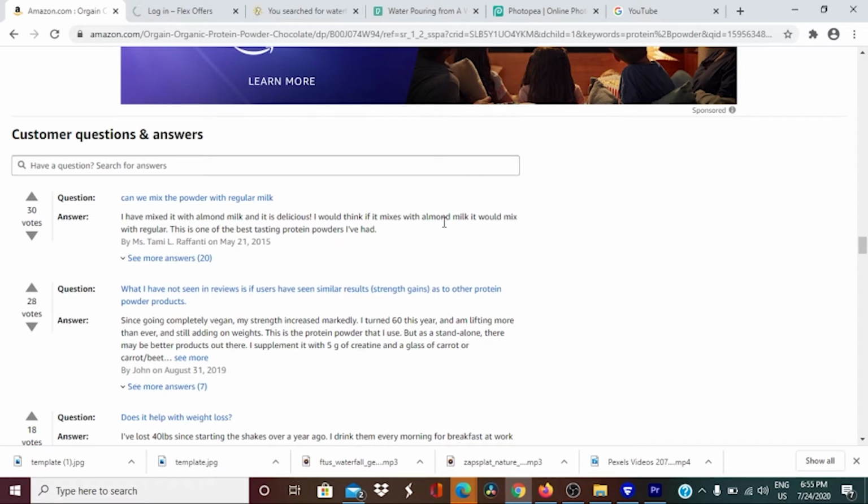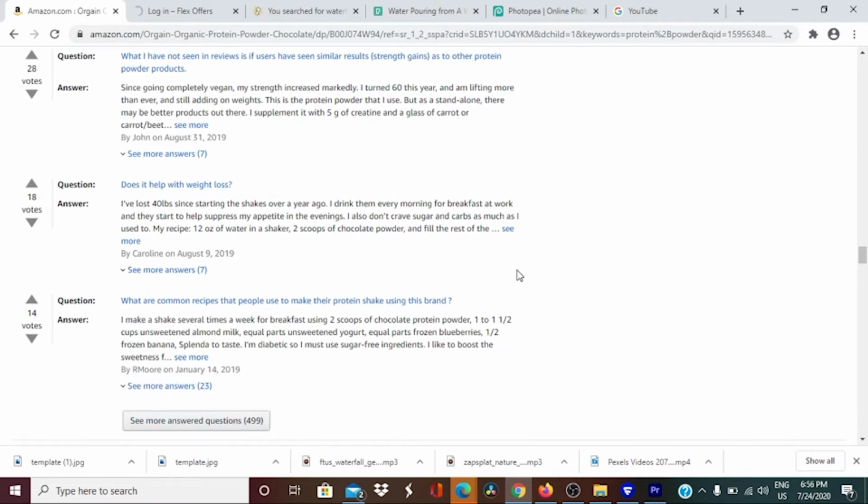It mixes with almond milk, and you can recommend almond milk, because regular milk is more of a dairy, and almond milk is always the best. So you look through, you do your research.